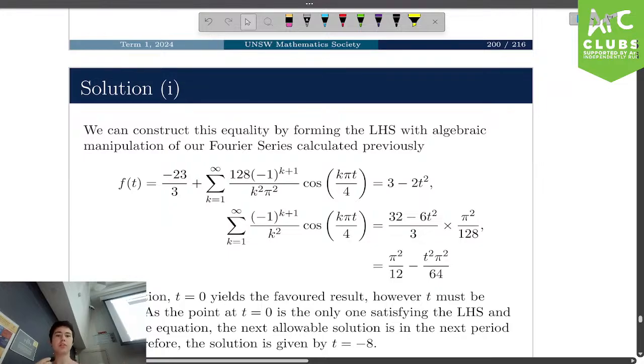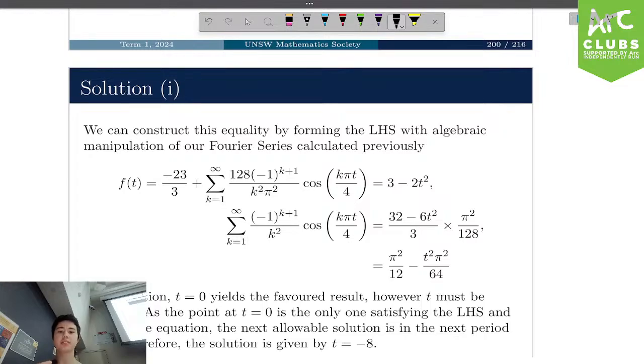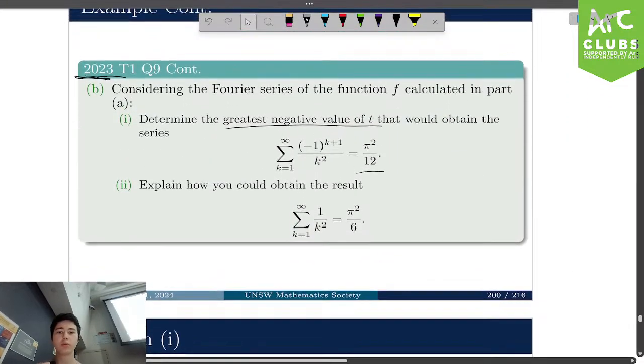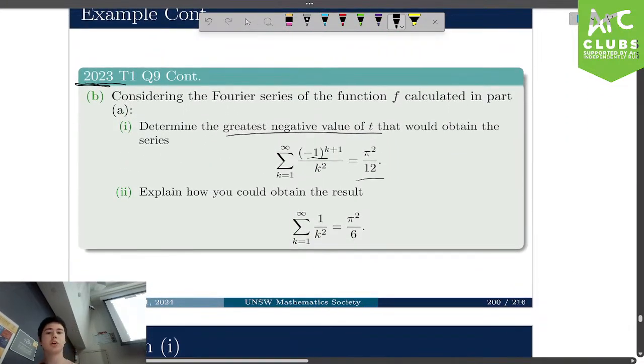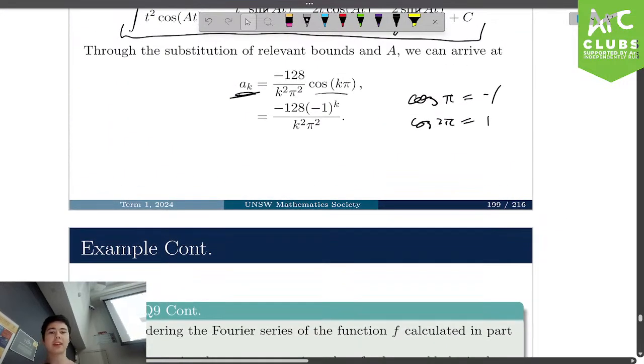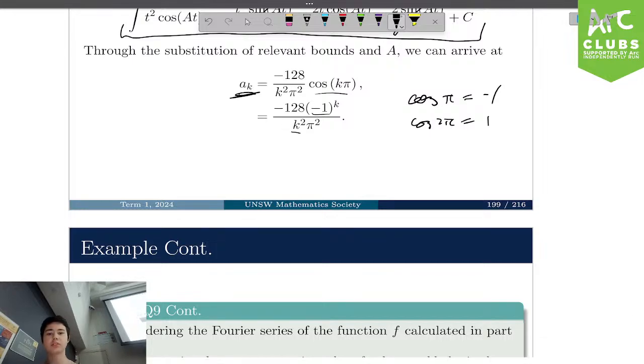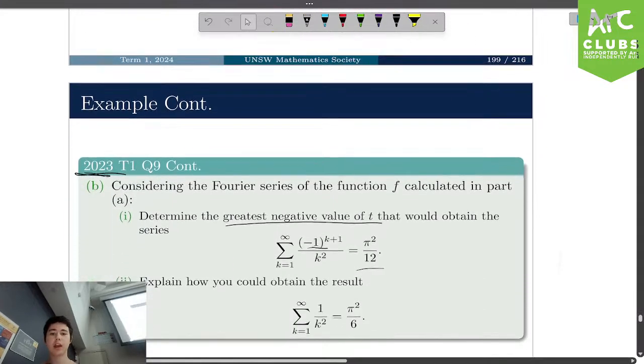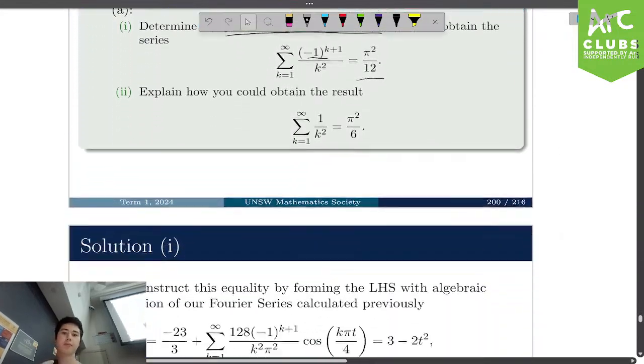Something that we can notice pretty much immediately is on this left-hand side, we want a minus 1 to the k plus 1 on k squared. We already have the k squared given right here, and we have the minus 1 to the k. To get it to minus 1 to the k plus 1, we can just sneak out this negative here and chuck it up in the exponent.